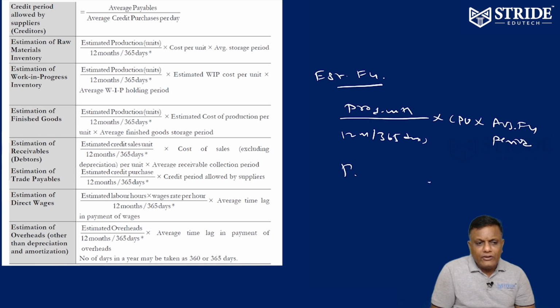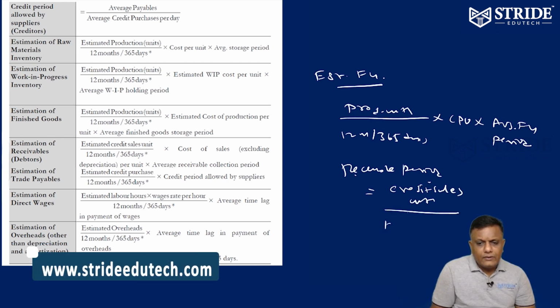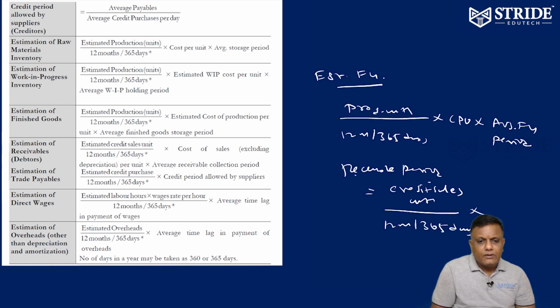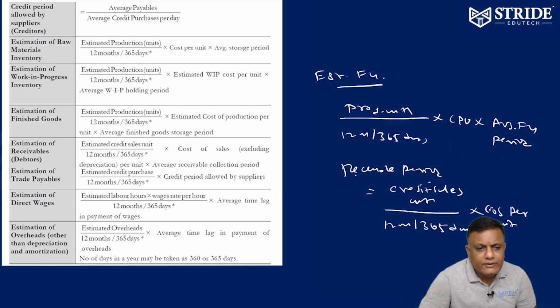Next, receivable estimation is equivalent to sales units, credit sales units, by 12 months or 365 days, into cost of sales per unit, excluding depreciation.